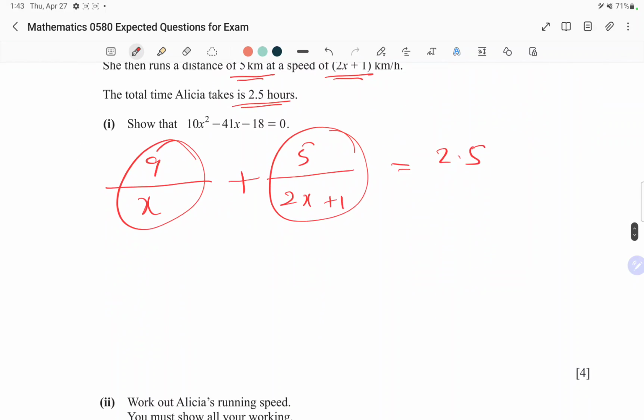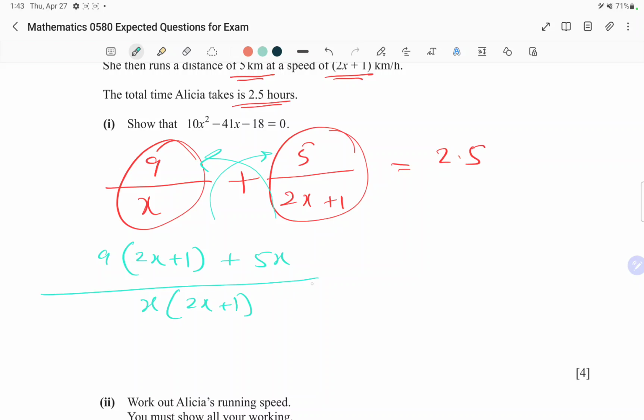So we got the expression. Now simply we need to solve it. For that, you just have to cross multiply like that. So 9 times 2x plus 1 plus 5 times x, over x times 2x plus 1, equals 2.5, which can be written as 5 over 2. That's better.